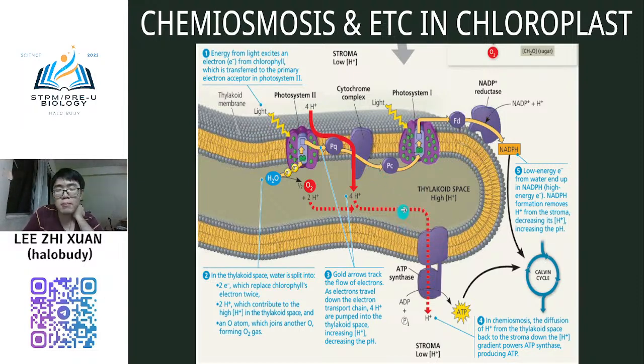But for the chemiosmosis in aerobic respiration, you still remember the accumulation of hydrogen ions is at the intermembrane space.